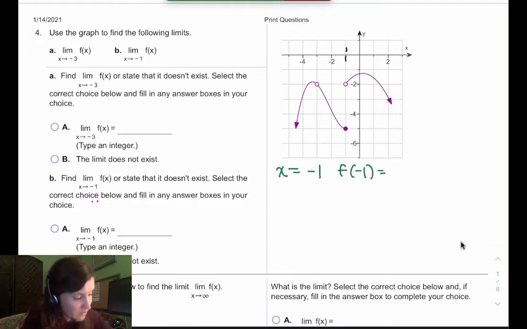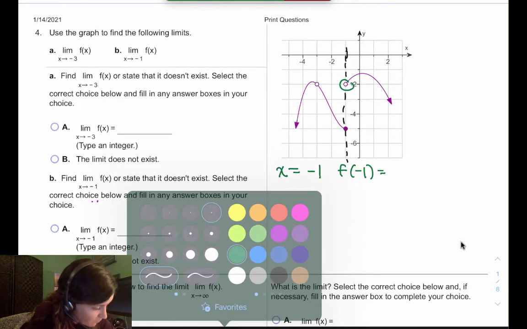At first you might look at this and say, oh, it's not defined because there's an open circle there. But let me change colors here. Think about this vertical line as all the places where x is equal to -1. The graph actually is defined at -1 because there's another point that crosses x equals -1, and it's down here.